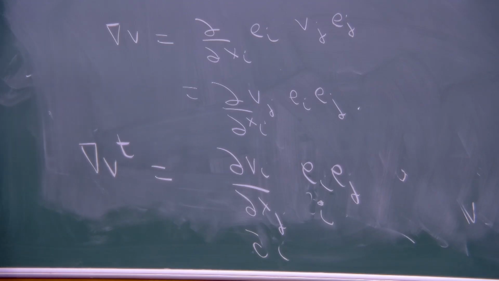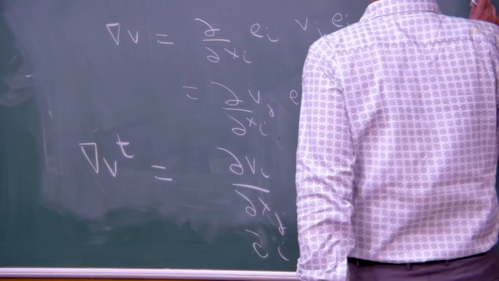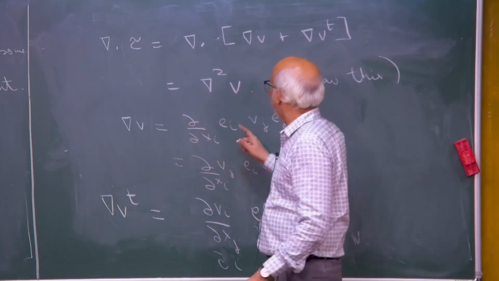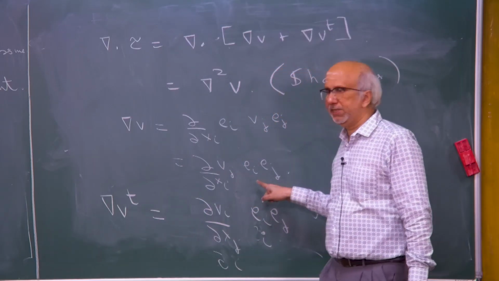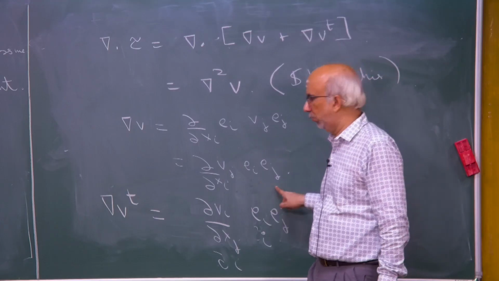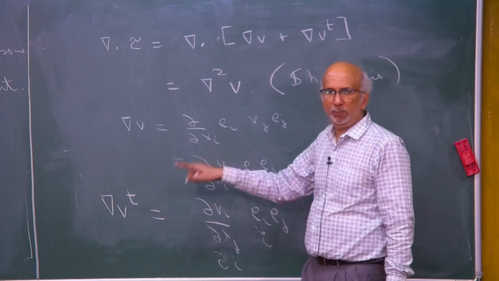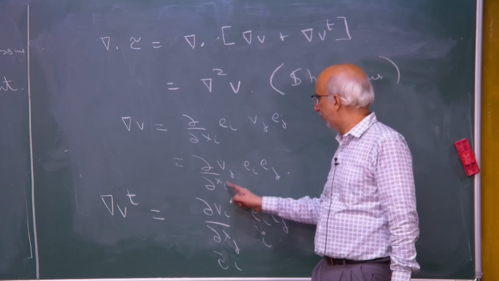Is this clear? I am doing the transpose, right. So, whatever was in the ij-th position, let us take 1,2: in 1,2 it is dV_2 by dx_1. That will now be in the 2,1 position. I am just flipping the index here.